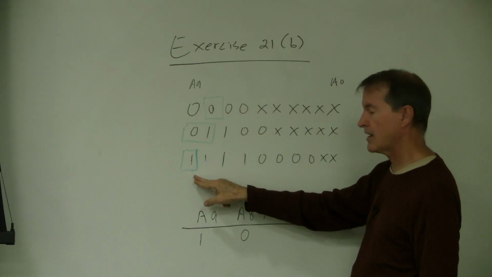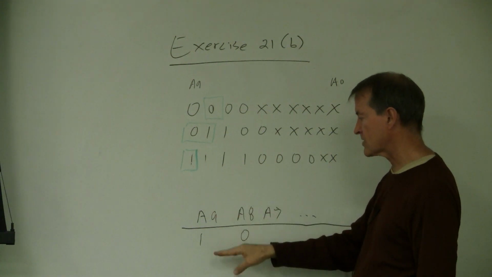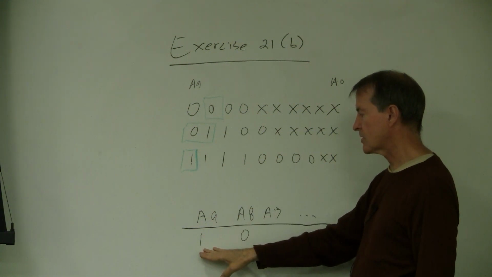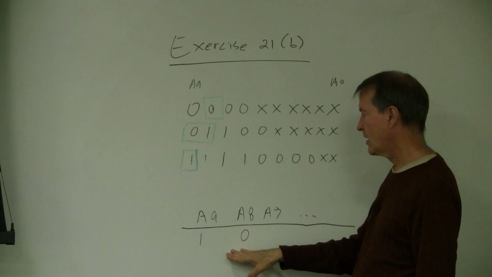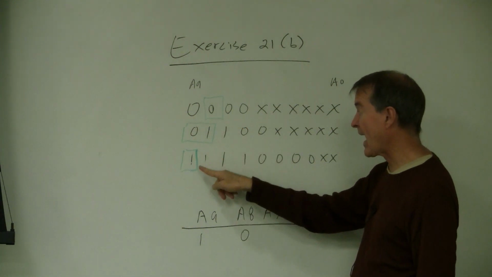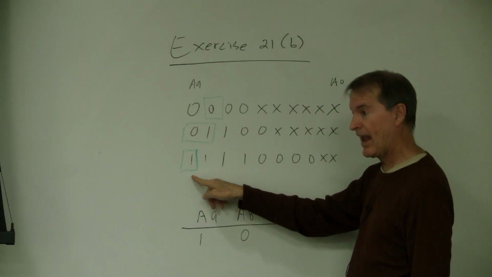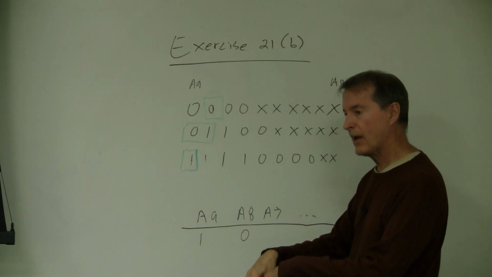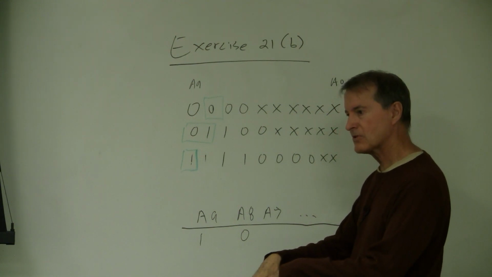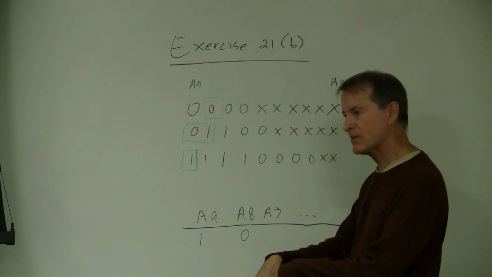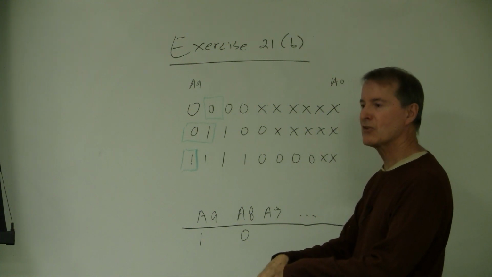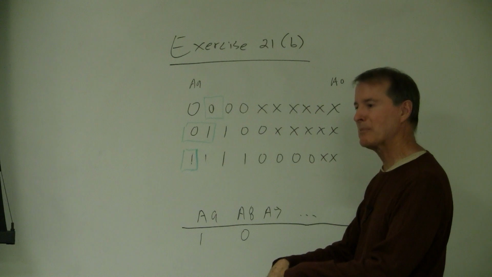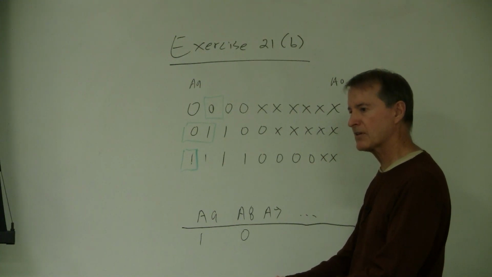If there's a 1 on A9, we'll select this chip. The problem is, if the CPU puts out a request for address 10, it will be selecting this chip and this chip. And it will have two outputs of the chip on the bus at the same time. So their tri-state devices would be enabling them at the same time, and we'd have conflict.